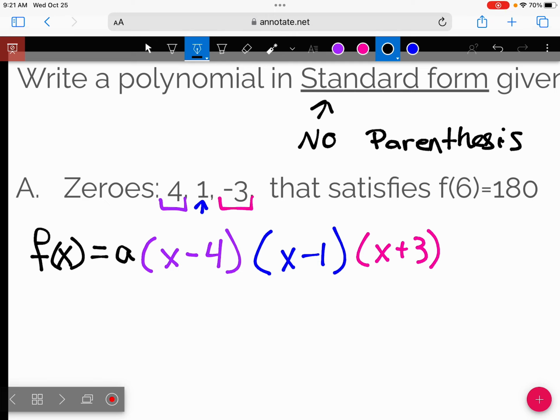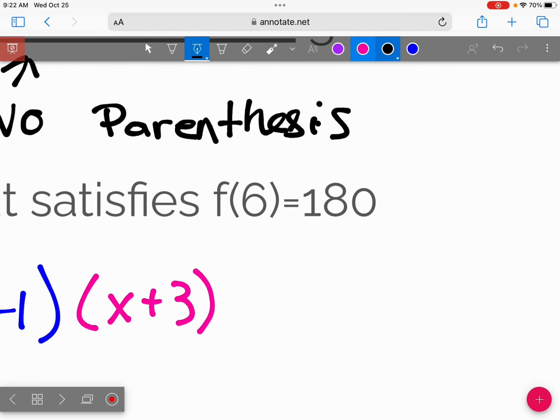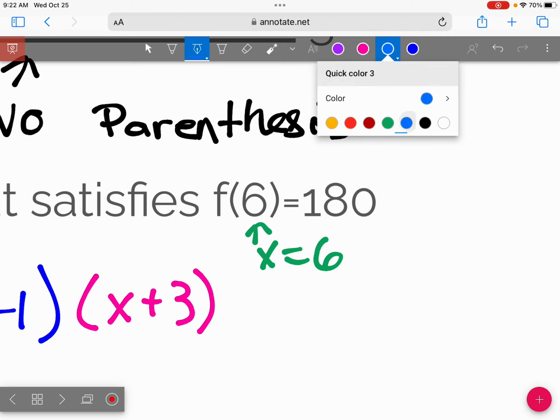And we are told that f of 6 is 180. So that means to me that when x is 6, f of x equals 180.